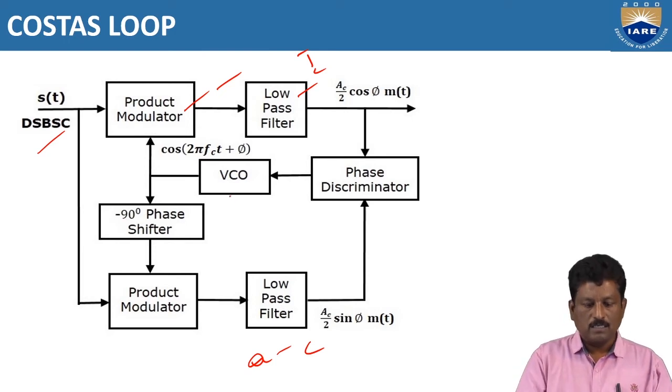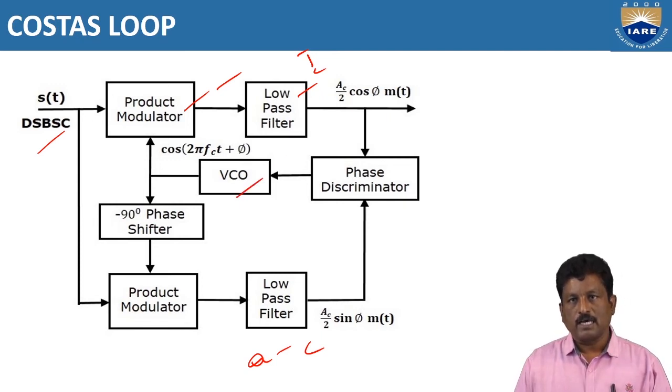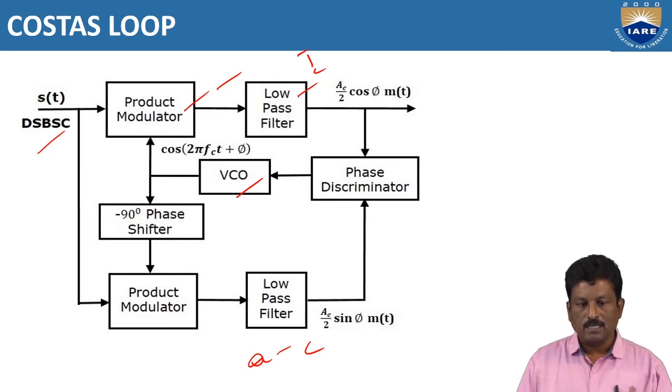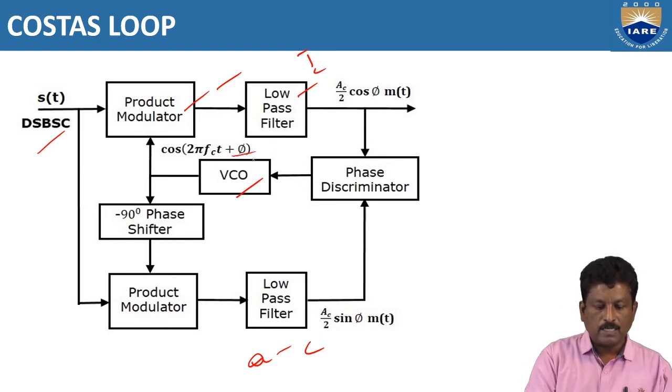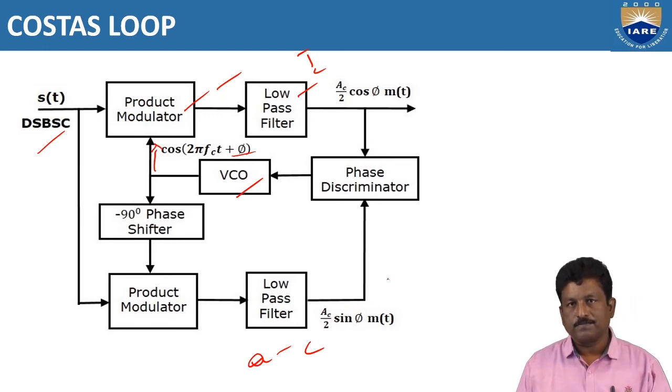With the help of the voltage controlled oscillator, there is a local oscillator which generates our carrier signal. The directly generated carrier signal, cos(2 pi fc t plus phi), is given directly to the I channel, the upper channel.